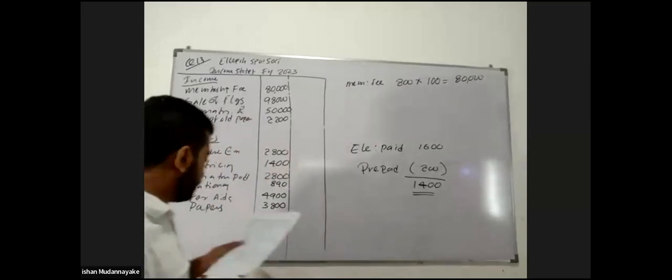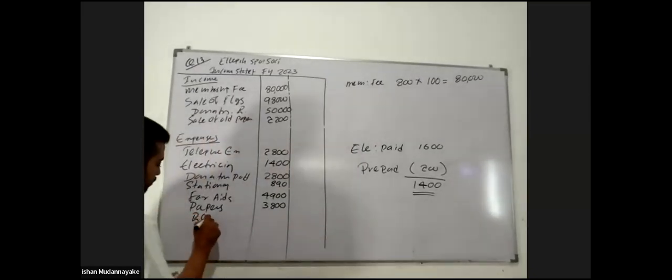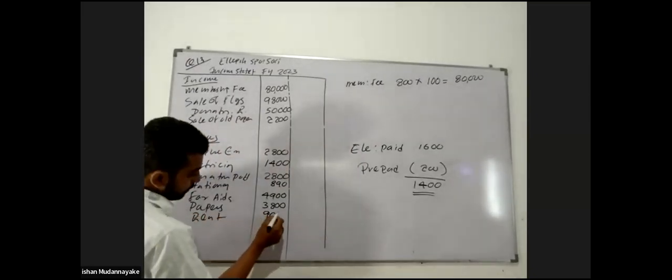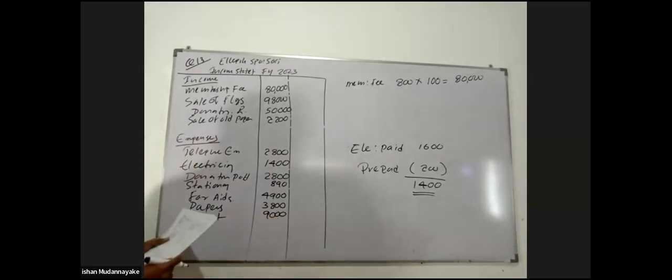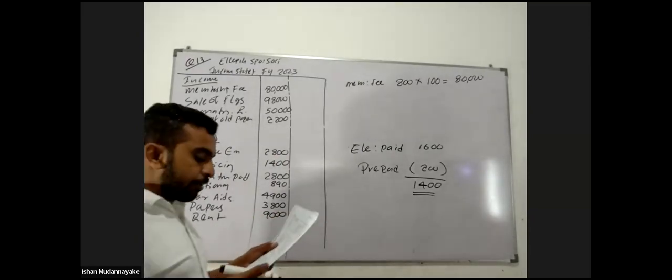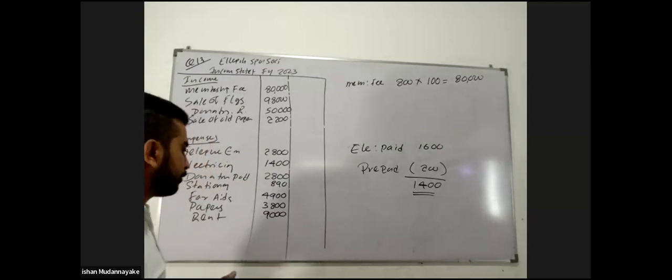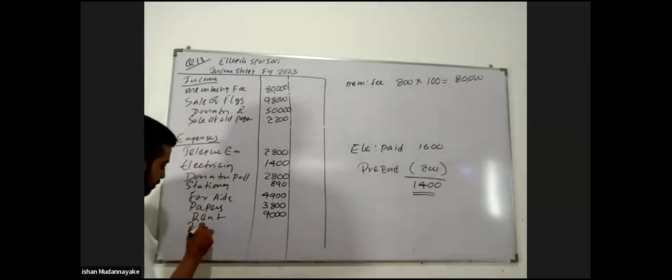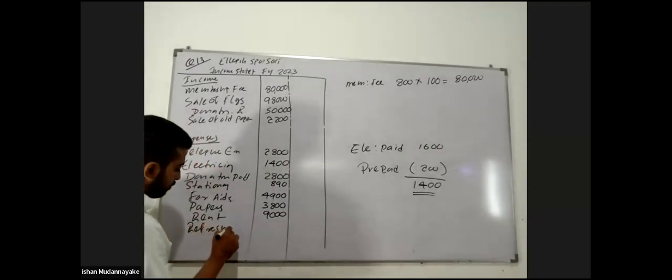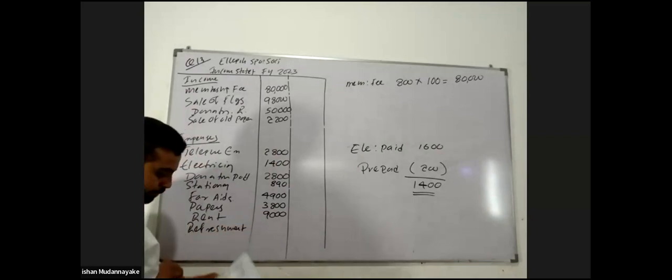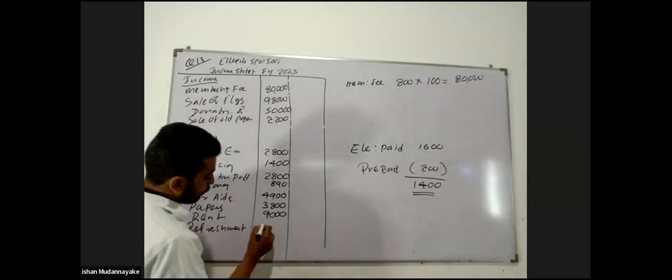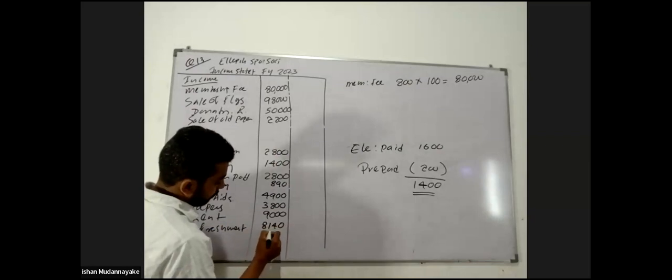Rent of the building, 9,000. Another expense. And then refreshment expense, 8,100. Another expense.